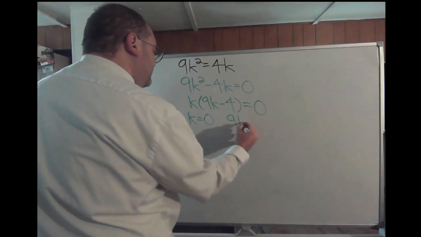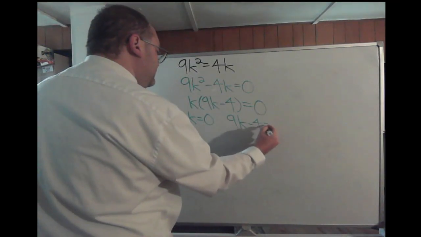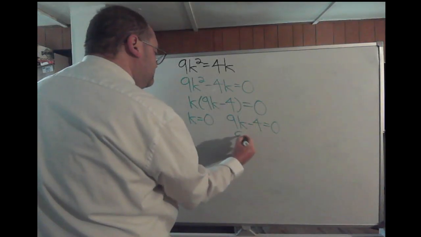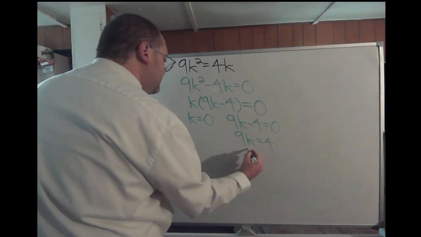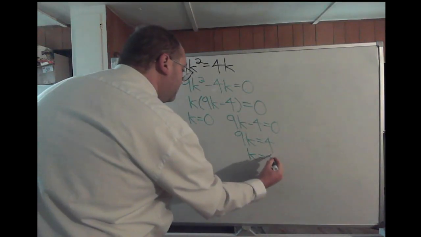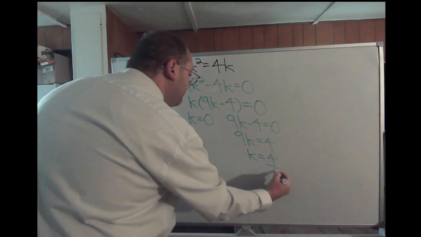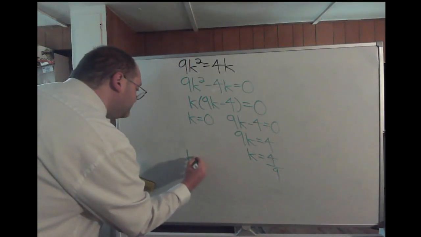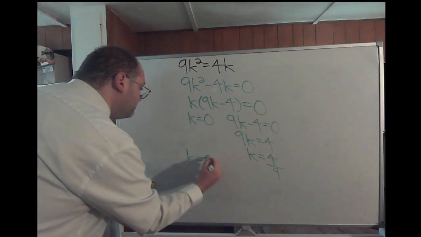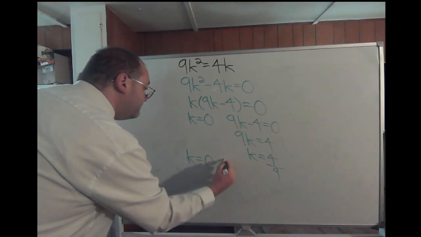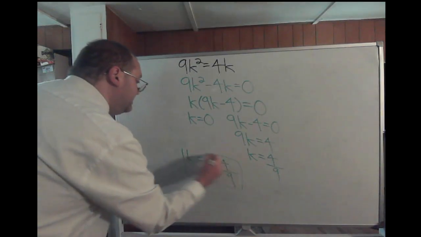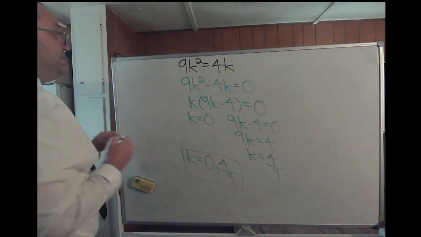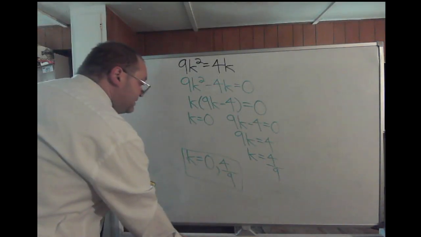Now take your 9k minus 4, set that equal to 0. So 9k equals 4. K equals 4/9. So the values for k that you should get are going to be 0 and 4/9. That would be the answer to this. It would be 0 and 4/9.